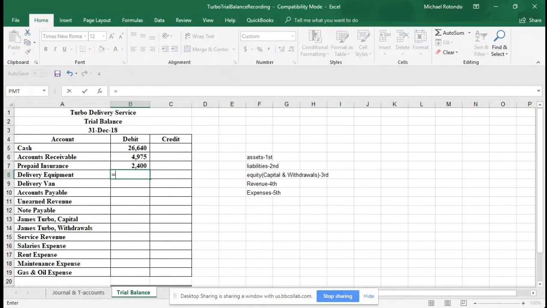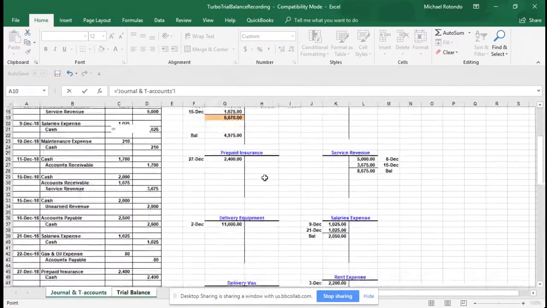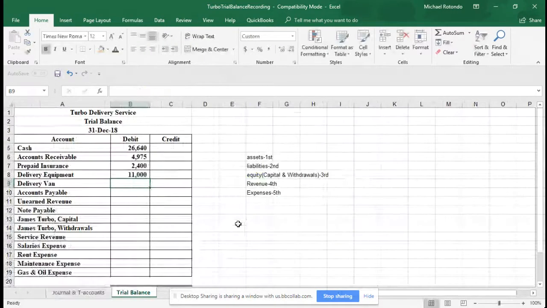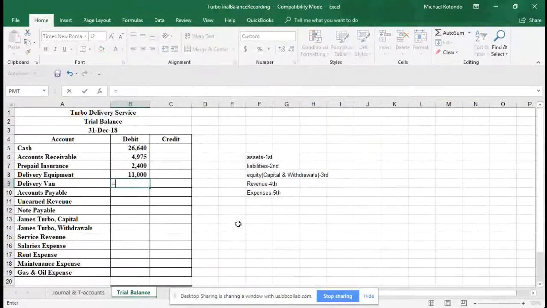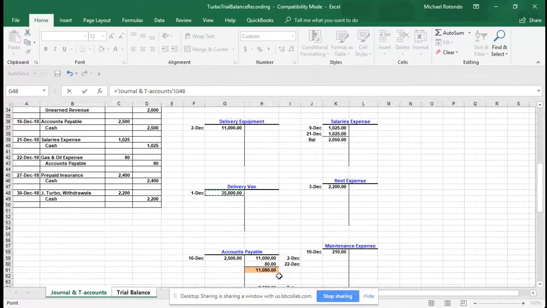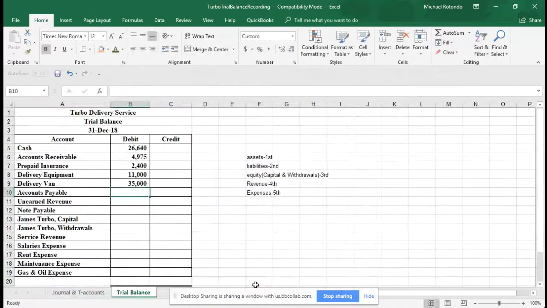Delivery equipment, same thing. There's only one item. We know that that's the balance, so we click on it and we press Enter. Delivery van, same thing. Click on the Journal and T Accounts page. Click on the item. Again, we only have the one item, so we know that that's the balance.